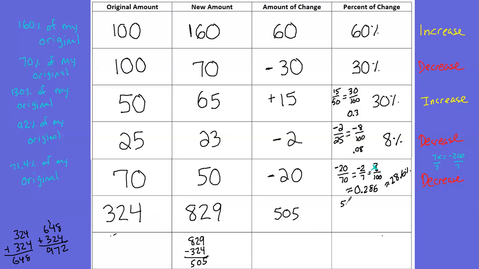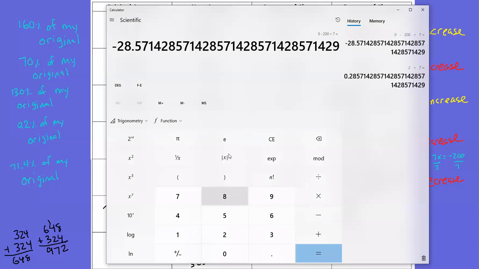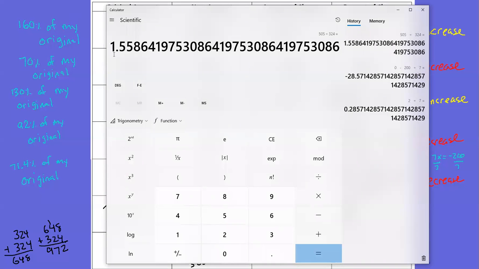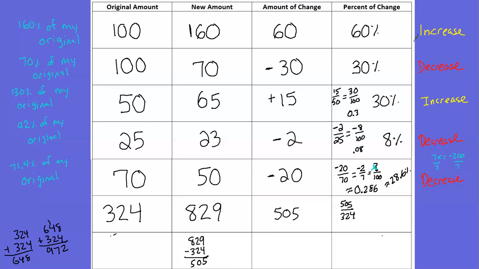So I am gaining 505 for every 324 that I started with. So let's work that out. 505 divided by 324, and it's about 1.56, so 1.558. So let's write that number down.